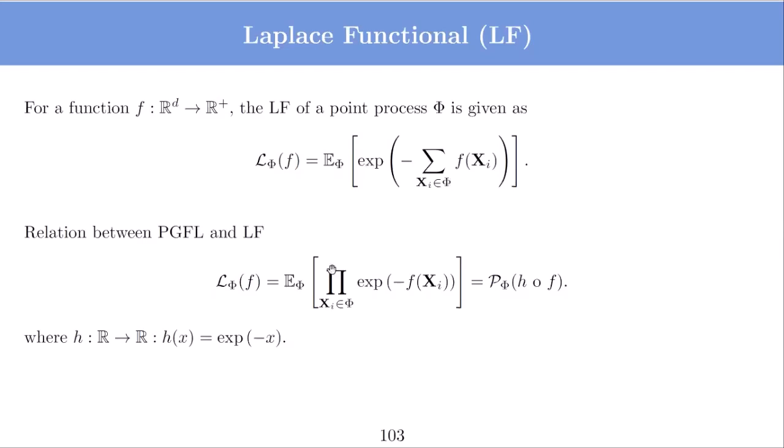So this is the same as the product over all points of e to the power minus f(x). And if this is my function g, then this will be the PGFL. So if I take the PGFL with h of f, where h is this exponential function, applied over the function f, then the PGFL of this is equal to the Laplace functional.